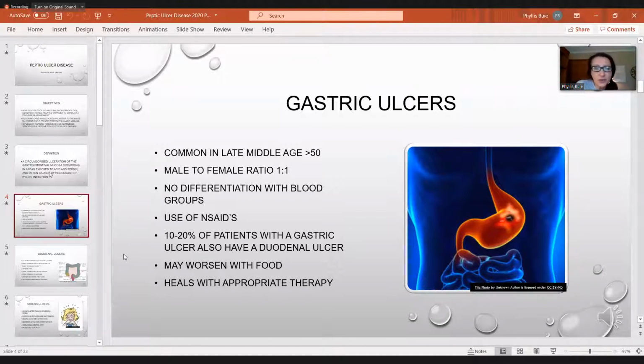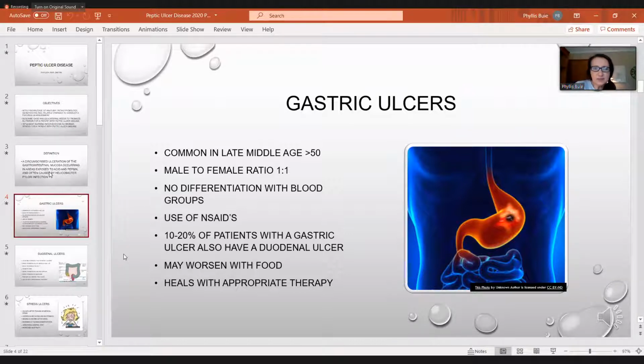It typically occurs in late middle age, which is greater than 50. The ratio is 1-to-1. Just as many males develop this type of ulcer as females. There's no differentiation between the blood groups. So type A may be as prone to have it as type AB. That doesn't have anything to do with it as far as the research that they've done so far.